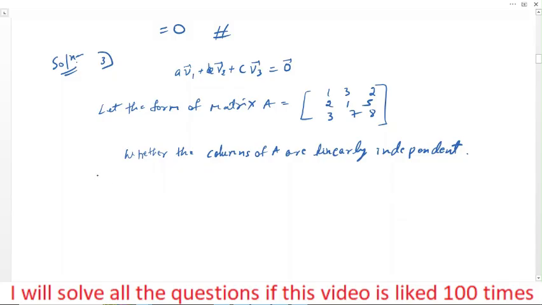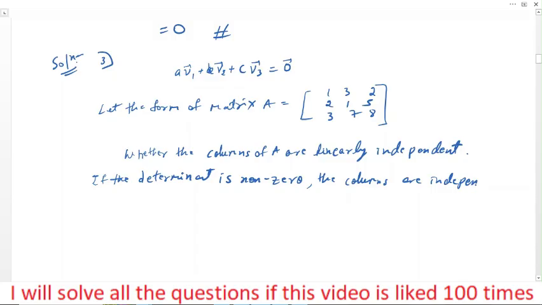We find out that if the determinant is non-zero, the columns are independent after simplification.